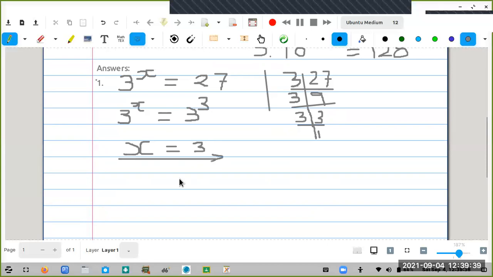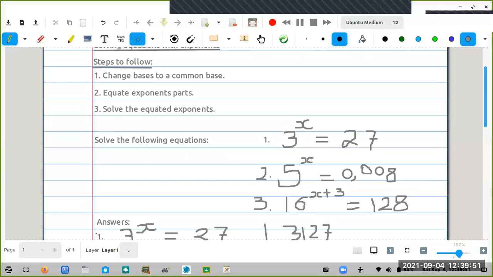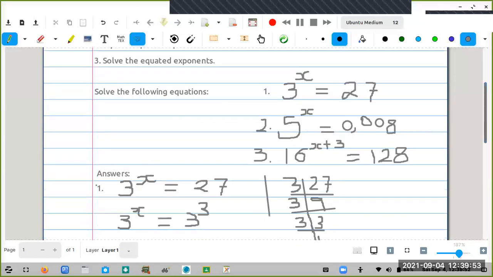Then I move on to number 2. On number 2, we have 5 to exponent x is equal to 0.008.